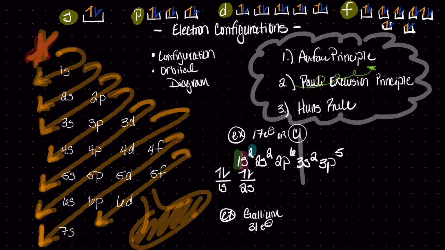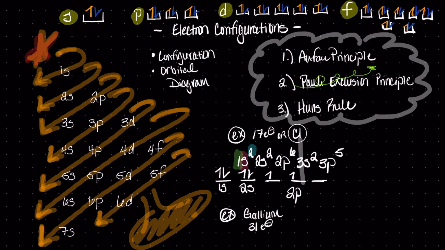Now I know 2p is the next energy orbital I have to deal with right here. So I have to draw what that house looks like. And p orbitals have 3 rooms. 1, 2, 3. I don't love how close that is, so let's give me some space here. There we go. I know this p orbital has 3 rooms and can hold 6 electrons.